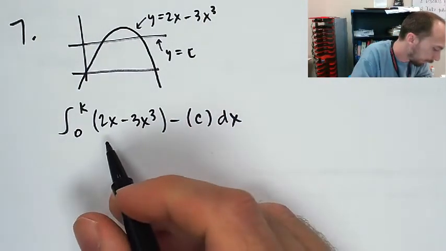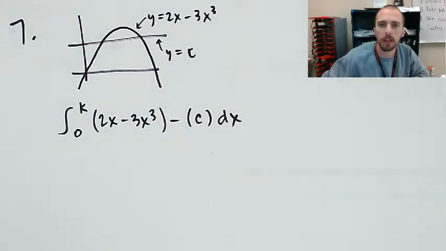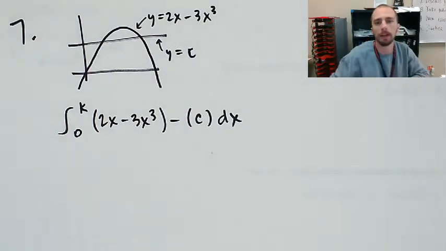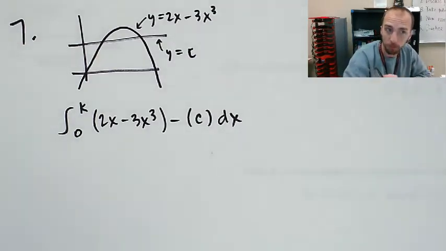Let's see, what am I going to do here? I think I'm going to anti-differentiate and get it in terms of k and c, and then look at some sort of relationship between k and c.